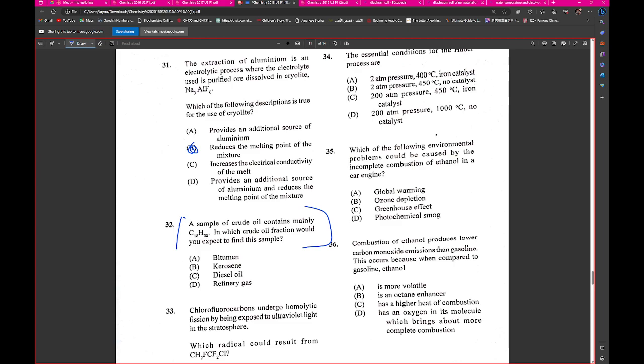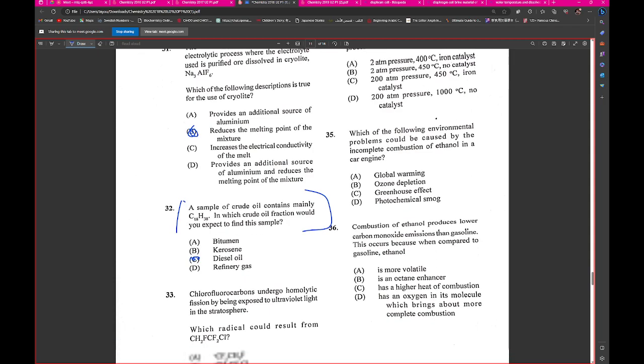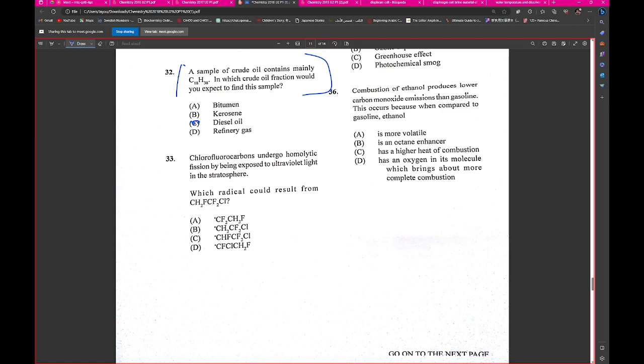Wait, what is the answer? B as in boy? I was thinking C. Yes, sir. C. Alright. Chlorofluorocarbons. We looked at this and we're going with A. Alright.